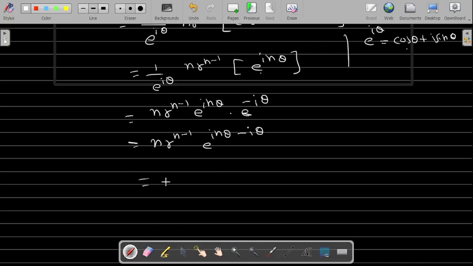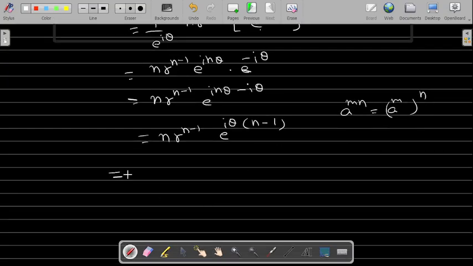Taking i theta common, e power i theta times n minus 1. Using your school standard formula, a power mn equals a power m whole power n, we can write this as e power i theta whole power n minus 1.